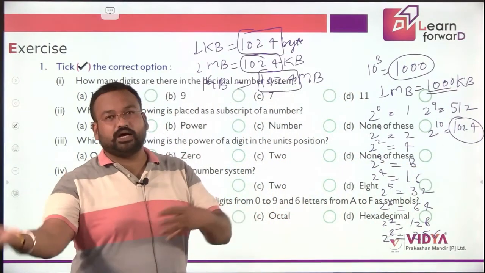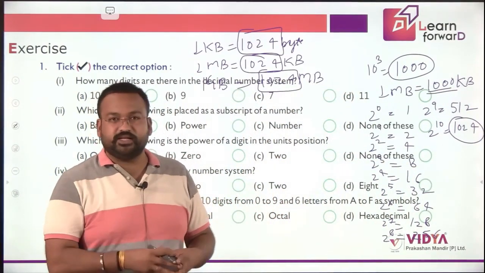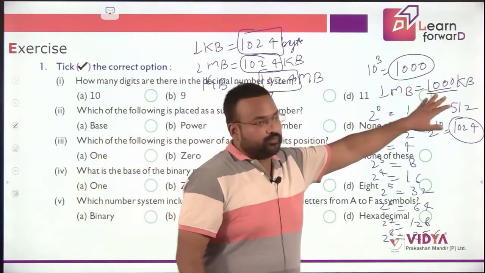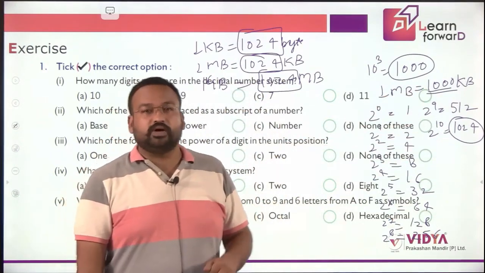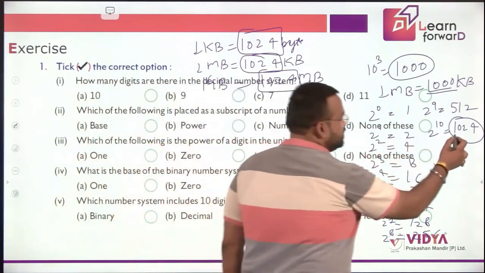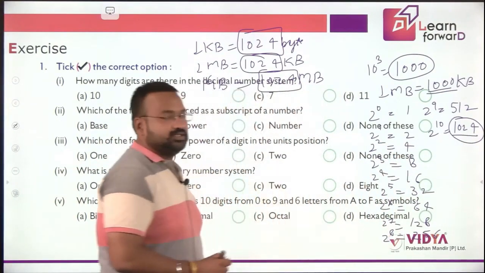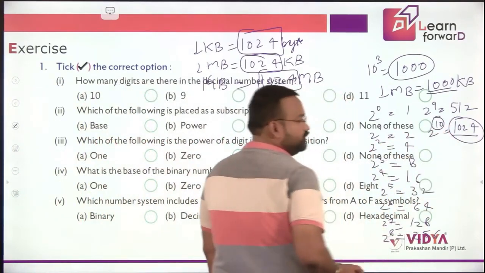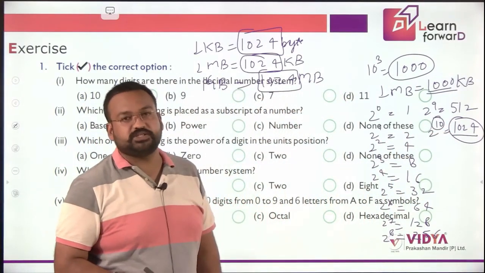There are other definitions as well, but for simplicity, 1 MB is generally equivalent to 1000 KB. That 1000 is represented in binary as 1024, because this is the least number of bits, that is, the least number of 10 bits you would require to represent 1000.